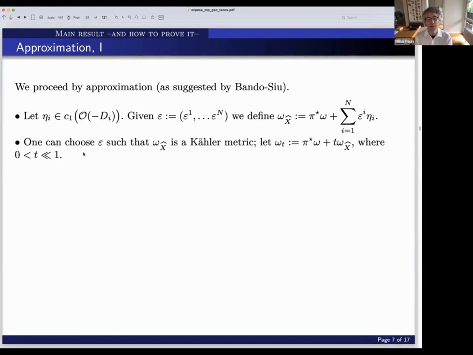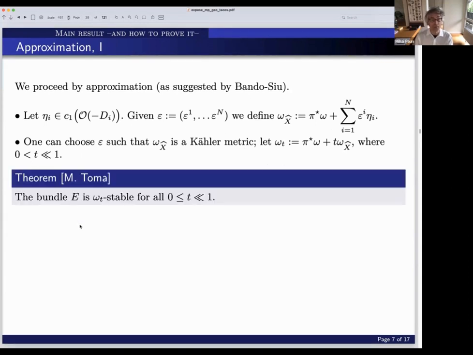And then that's the fact here, that we can choose the epsilons in such a way that this is a Kähler metric, right? And then let's take omega t, simply the pullback of omega plus t times this honest Kähler metric on X hat, and t would be between 0 and 1.